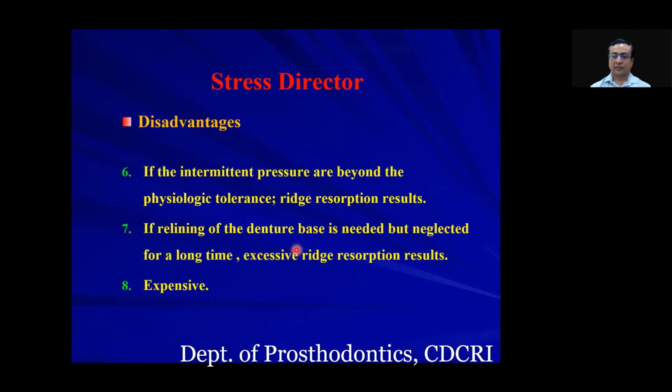So there are chances that the stress to the alveolar bone might exceed the physiological tolerance of that bone. In that case, what will happen? There will be rapid resorption of the alveolar bone. And if the relining is not done, then further resorption of the residual ridge will occur.